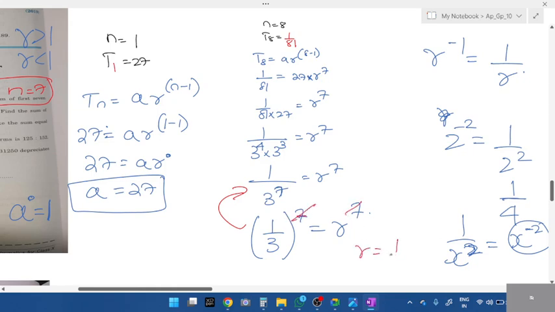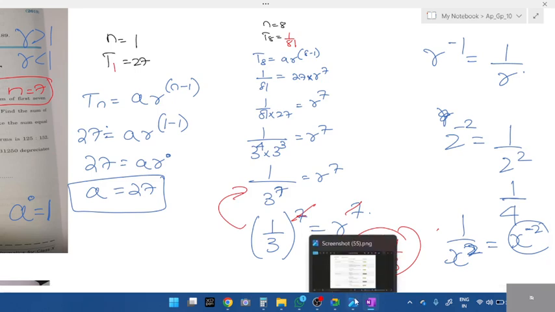What is r? r is equal to 1 by 3. So instead of converting, the power 7 belongs to both. Okay, now what is 1 by 3, students?